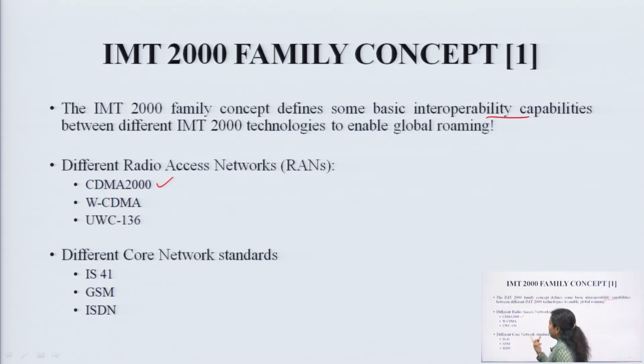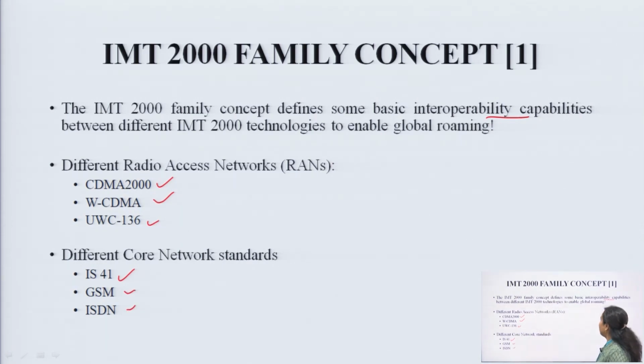Now, with the increasing demand of connectivity, wideband CDMA is used, which has higher bandwidth as compared to CDMA-2000. Then UWC, universal wireless communication, 136, which has much higher data rate as compared to CDMA-2000. It supports different core network standards, that is IS-41 or GSM or ISDN.